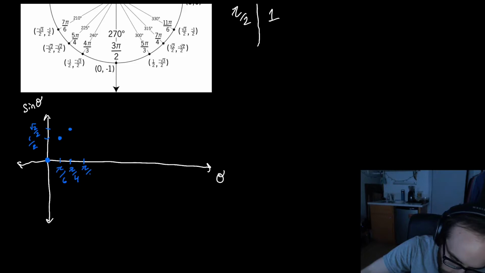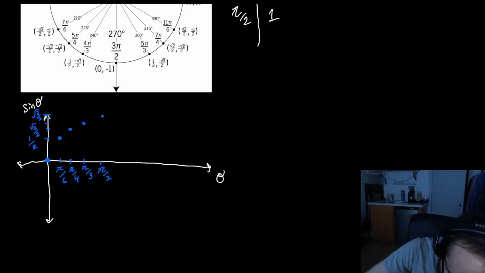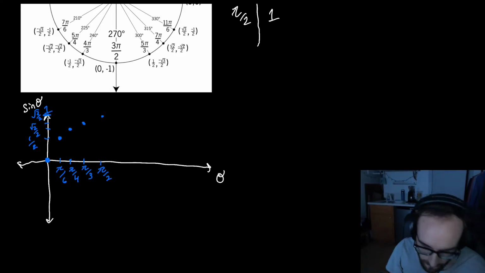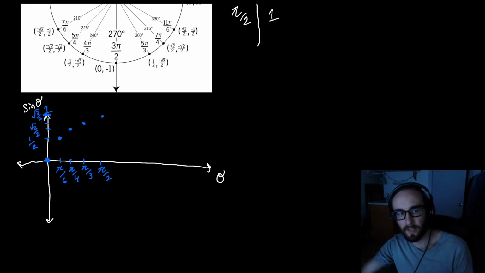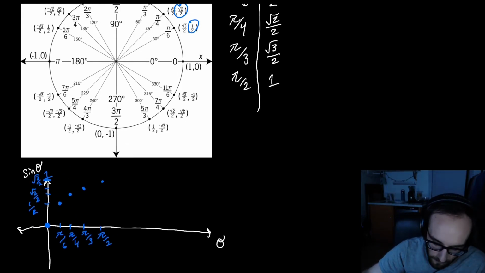At pi over 3, we have root 3 over 2. And then finally, at pi over 2, we have 1. So maybe our maximum up here is 1. So not labeled super well, but you can kind of see how it's increasing as we go to the right.